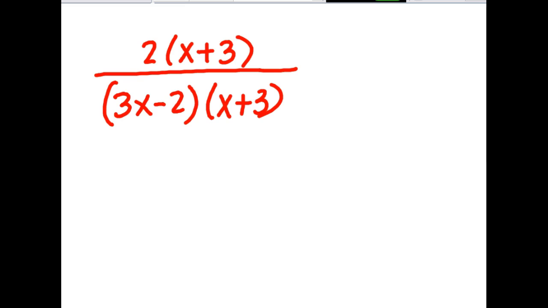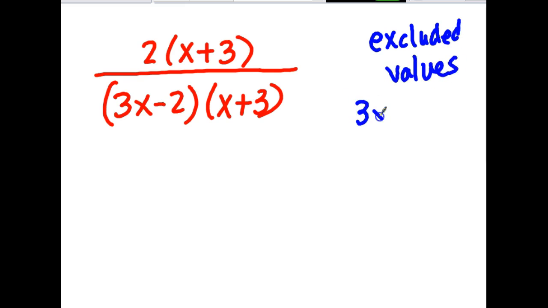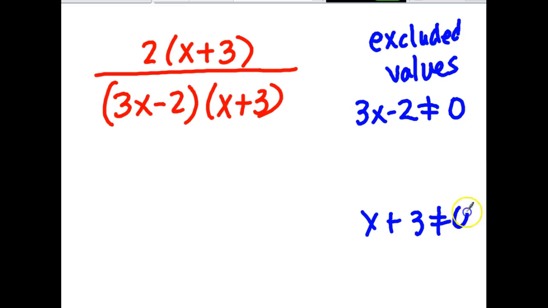Before we go on, we're going to do excluded values. The excluded values are because the denominator cannot equal to 0.